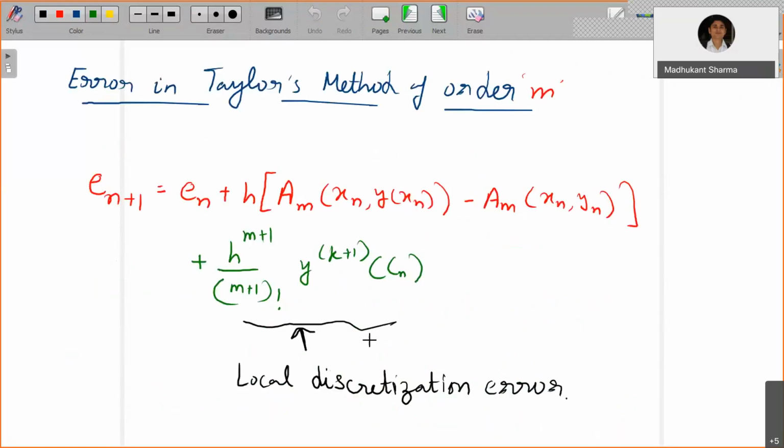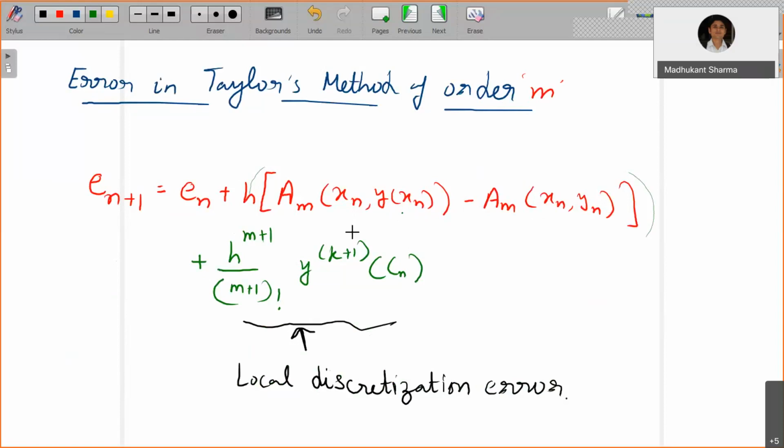So the error in Taylor's method is going to be given by E n plus. Likewise in Euler's method, this is also part of it, because y at xn is not equal to yn, so there will be some round off error. Similarly, xn comma y(xn) and xn comma yn will not match after n equals 0. For n equal to 0 it is fine, but for n equals 1, n equals 2 and so on, they will not match, so this will also contribute some error.